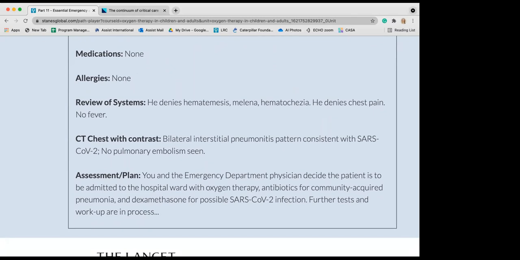On the assessment and the plan, you and the emergency department physician decide the patient is to be admitted to the hospital ward with oxygen therapy, antibiotics for community-acquired pneumonia, and dexamethasone for possible SARS-CoV-2 infection. Further tests and workup are in process.